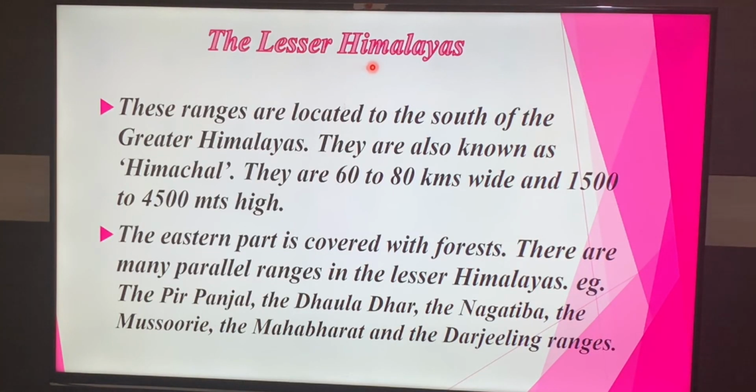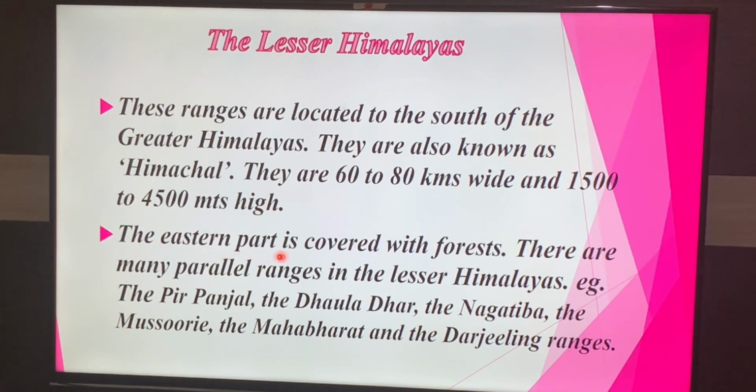The Lesser Himalayas. These ranges are located to the south of the Greater Himalaya. They are also known as Himachal. They are 60 to 80 kilometers wide and 1,500 to 4,500 meters high.